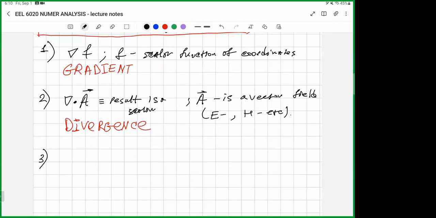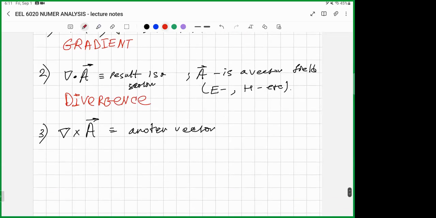And the third operation possible is when I apply this nabla operator as a cross product, nabla cross A. And as we discussed, the result will be another vector. And we call this a curl.